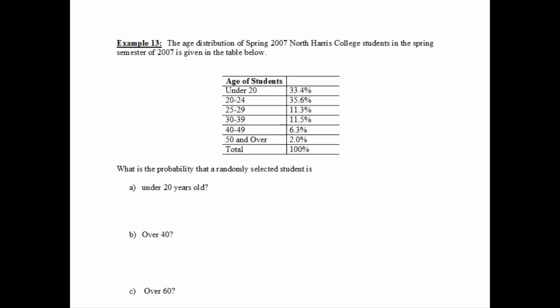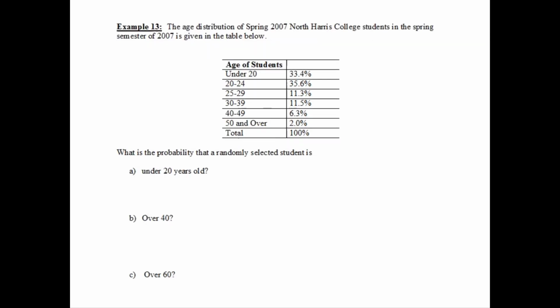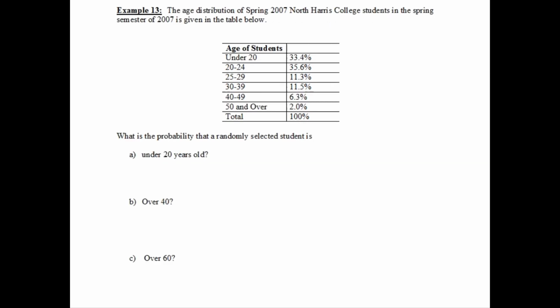Okay, let's do another one. Here's some more information about the college. What are the probabilities associated with each of these categories? If you're given a percentage, you're going to use that percentage to come up with a probability.